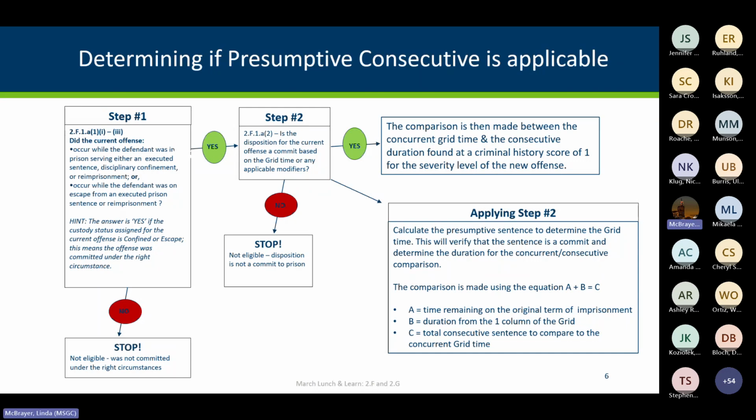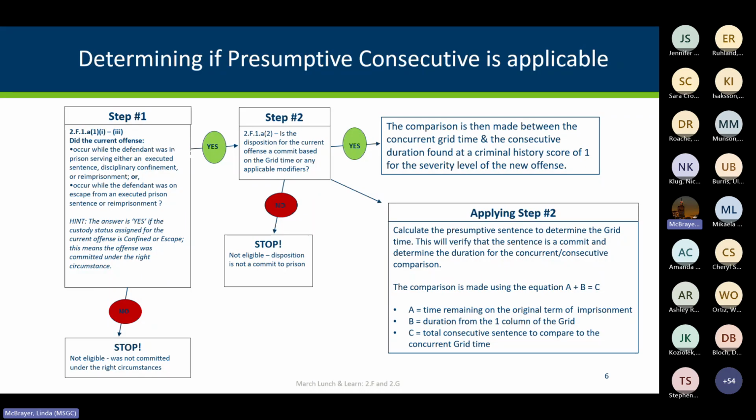So the presumptive consecutive sentencing question is, are they on confined or are they on escape? And is the current offense a presumptive commit? And if it is, then we go to the next step. We apply step two, which is the duration.